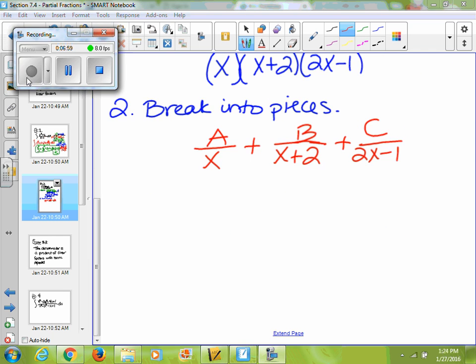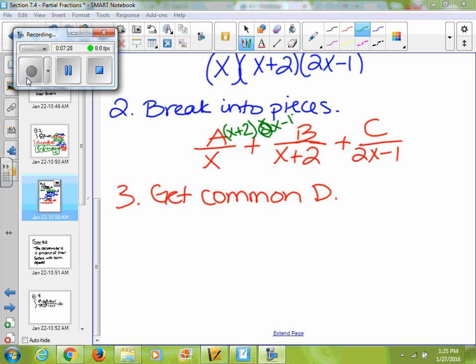Okay, so then our third part, now that we have it in pieces, is to get back to having a common denominator. So if I go back up to my a over x plus b over x plus 2 plus c over 2x minus 1, if I want this a to have a common denominator, I need to multiply it by what I have on the bottom, so x plus 2 and 2x minus 1.